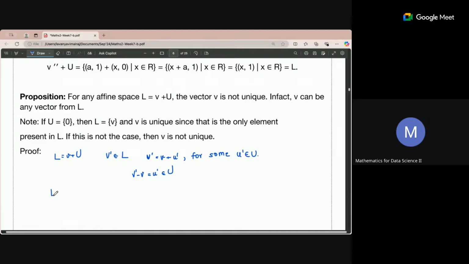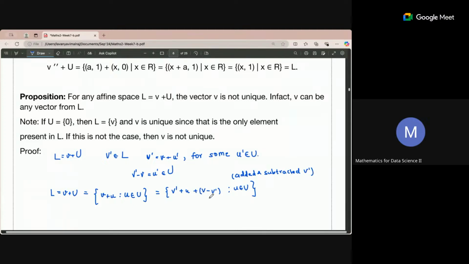According to our definition, L is equal to V plus U, which means V plus u where u belongs to U. Now I am simply going to add and subtract this term V'. That is all I have done, nothing new.